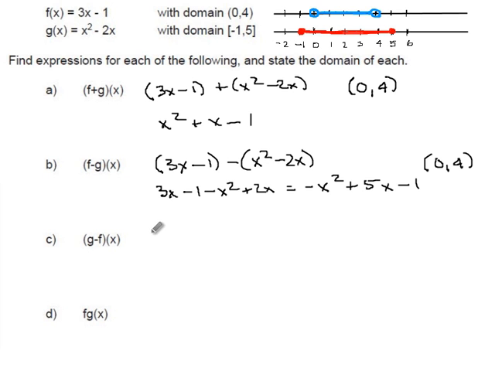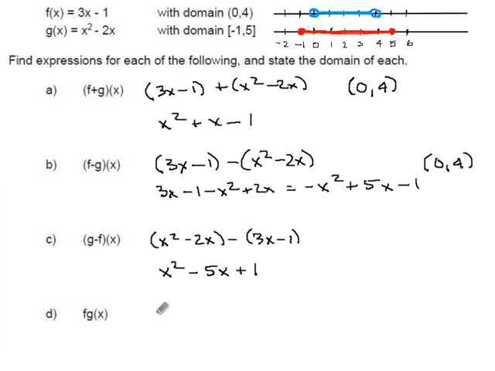G minus f just means switch the order around, so x squared minus 2x minus function f, which is 3x minus 1. That'll come out to x squared minus 2x minus 3x, which is minus 5x, and plus 1.